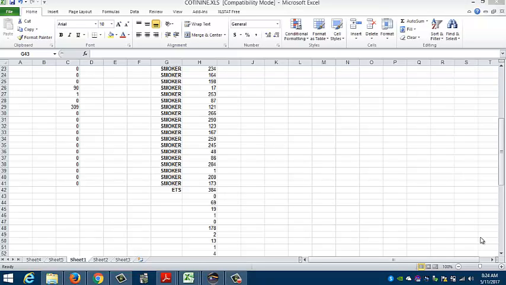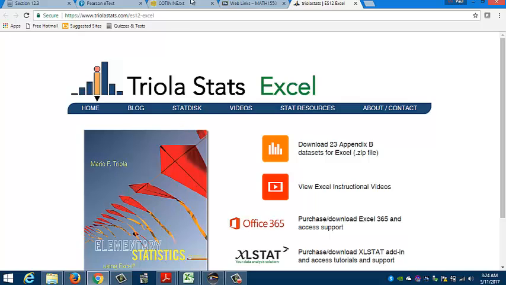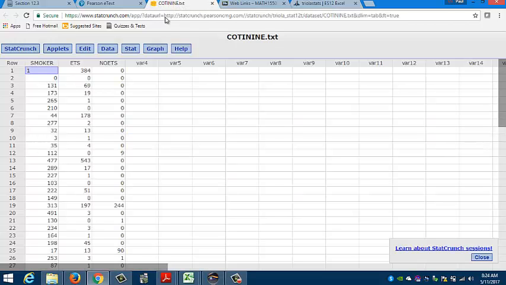So people have asked me some questions here. This might apply to you. Again, what I'm trying to do is get all the data we had from the data set. Let me show you what it looks like originally. This is the StatCrunch version, but we had 3 columns of data: Smoker, ETS (exposed to smoke), and what's the last column?